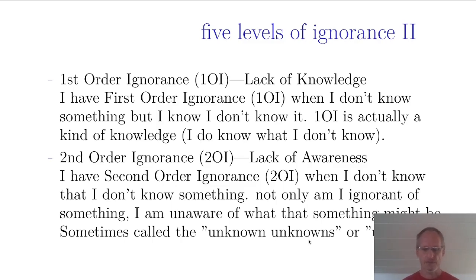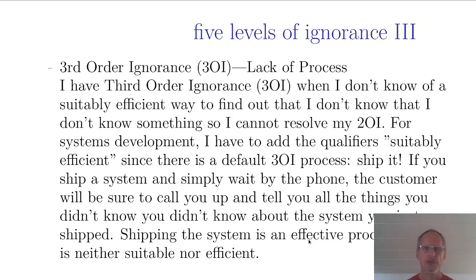On the next order, we have lack of process. So I have third order ignorance when I don't know of a suitably efficient way to find out that I don't know something. So what it means is I cannot resolve my second order ignorance.